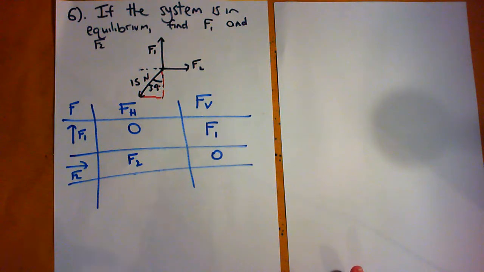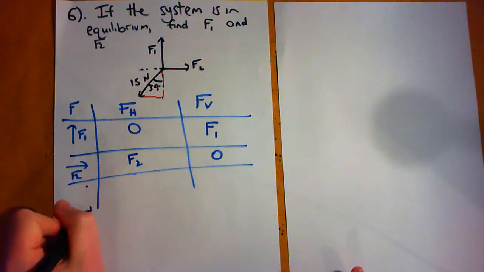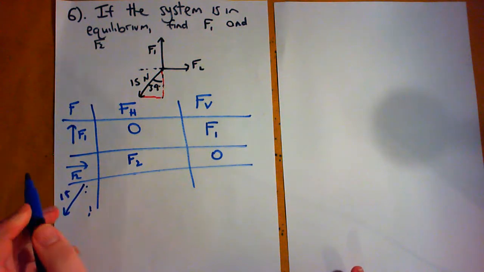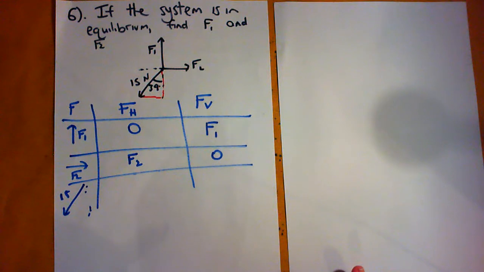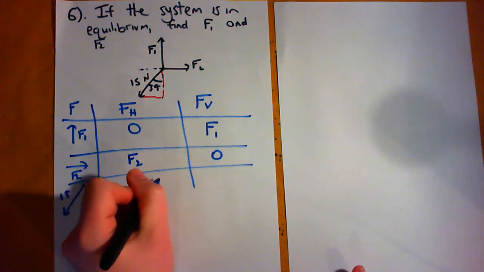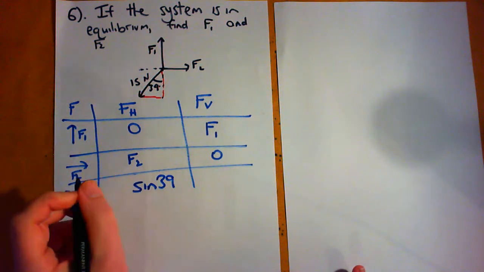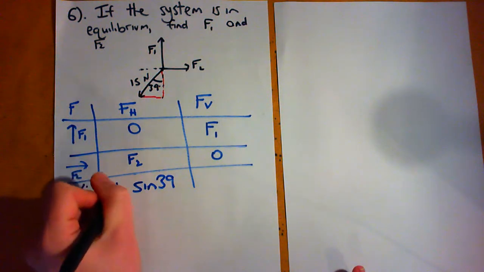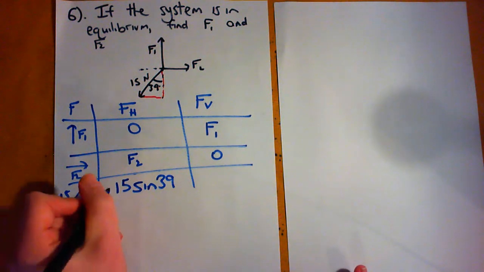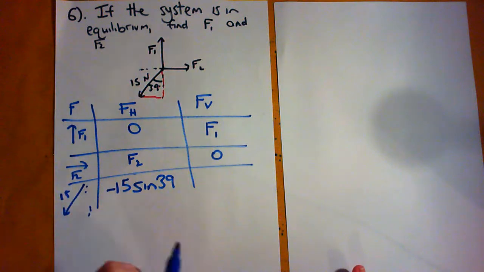For the horizontal component, we are looking to find the opposite side. We know the hypotenuse is 15, so we've got the hypotenuse and the opposite. We're dealing with sine, the angle is 39, and its size is 15. As that's pointing to the left, it's negative.